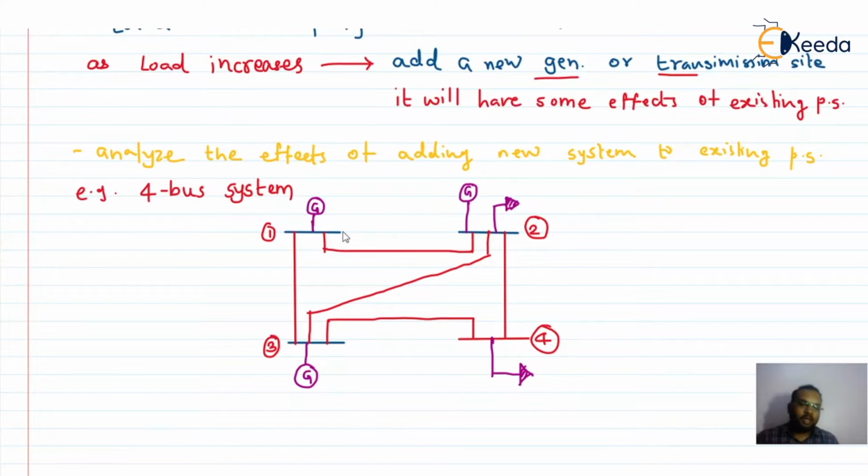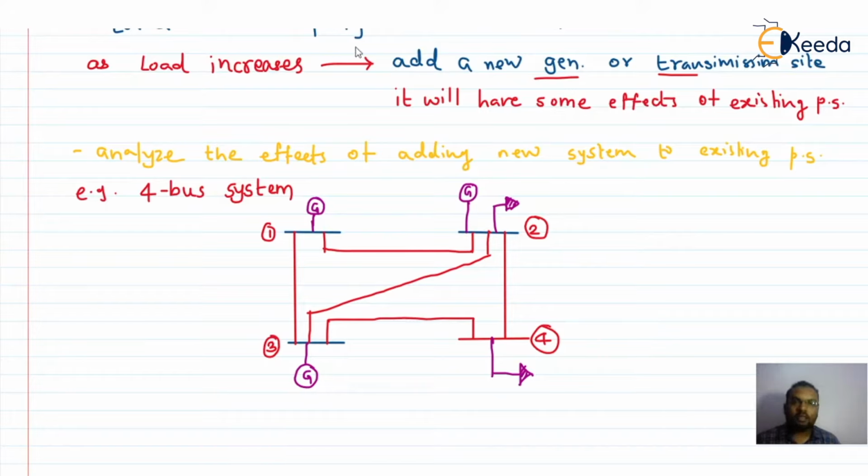Okay, if I carry out a load flow study on this existing power system, then definitely I will know those four quantities, that is voltage, phase angle, real power and reactive power, on each of these four buses.